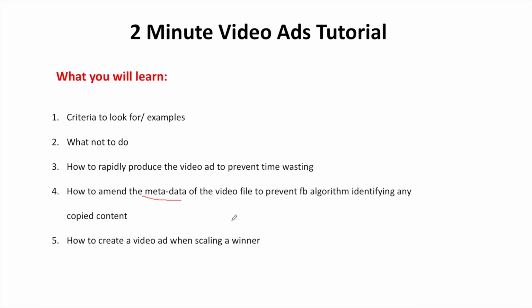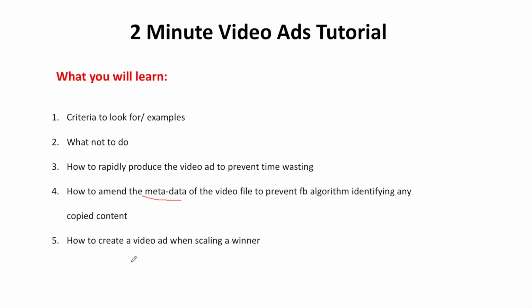The video file will contain tags and things about where the original source of that file came from, and Facebook's algorithm can detect this, and it'll de-rank your video, and you'll get higher CPMs. So I'm going to show you how we can amend the metadata of the file to bypass this, and Facebook's algorithm will assume that the video you've uploaded is completely fresh and new content. Facebook's algorithm loves this, and you'll get lower CPMs and you'll reach better people.